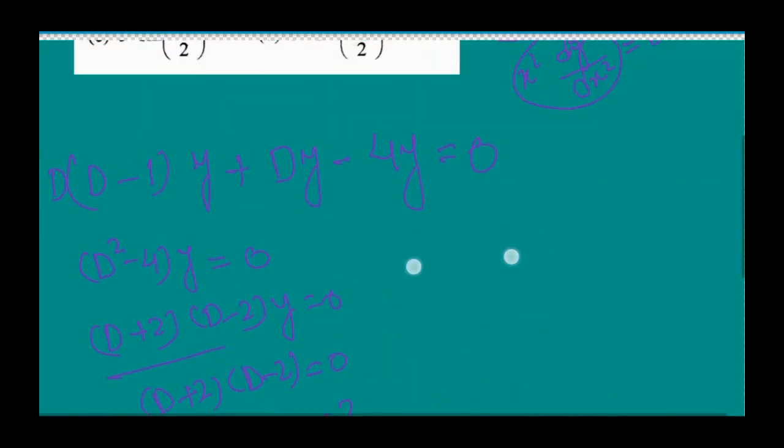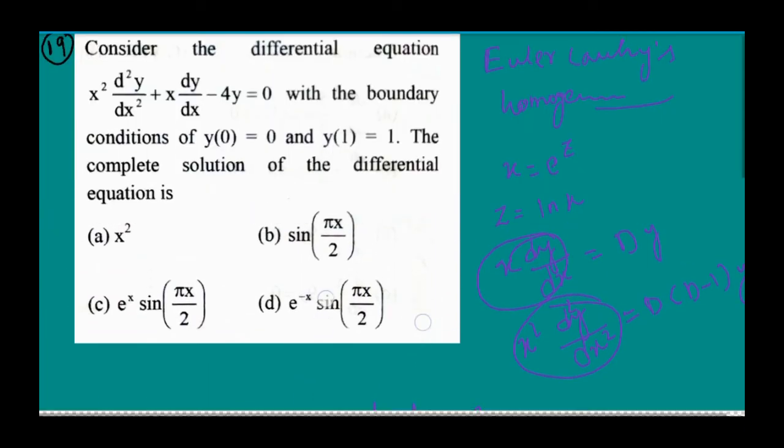So this is the complementary solution, and it is a homogeneous equation as there is 0 on the right hand side. Every term contains y, so there will be no particular solution.